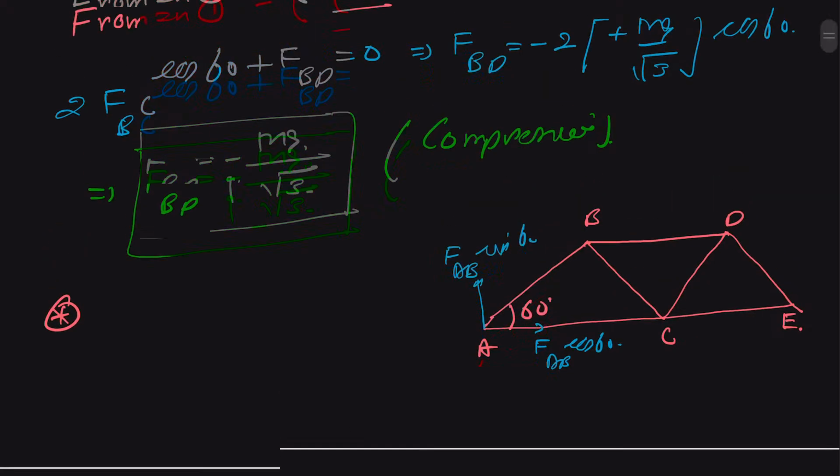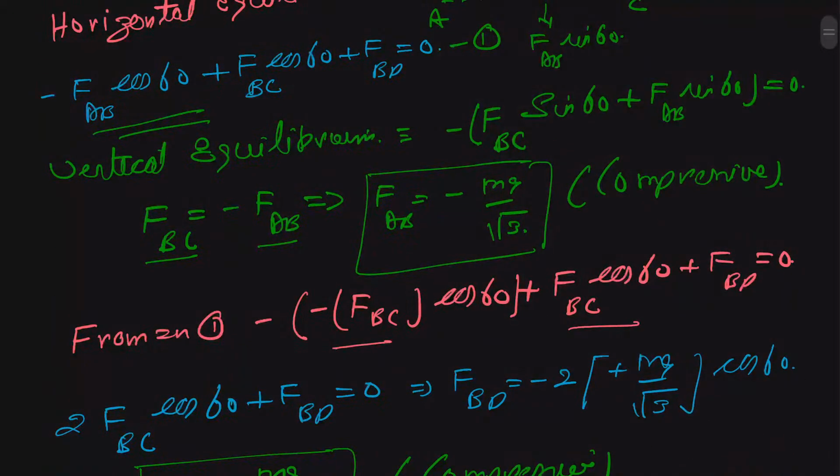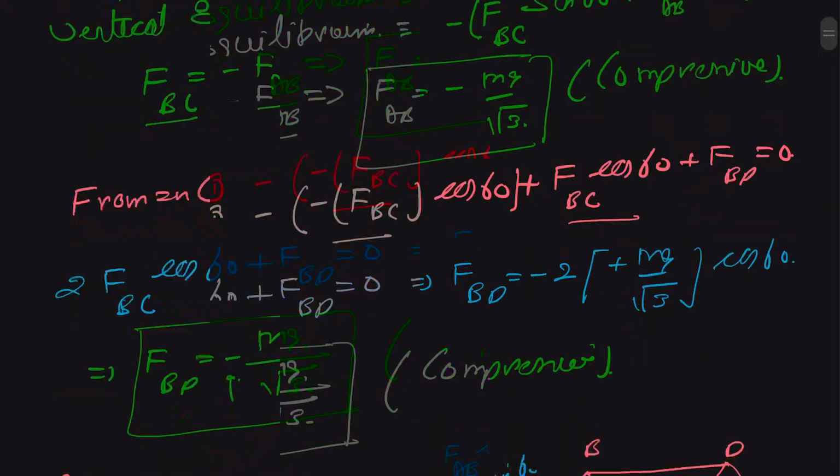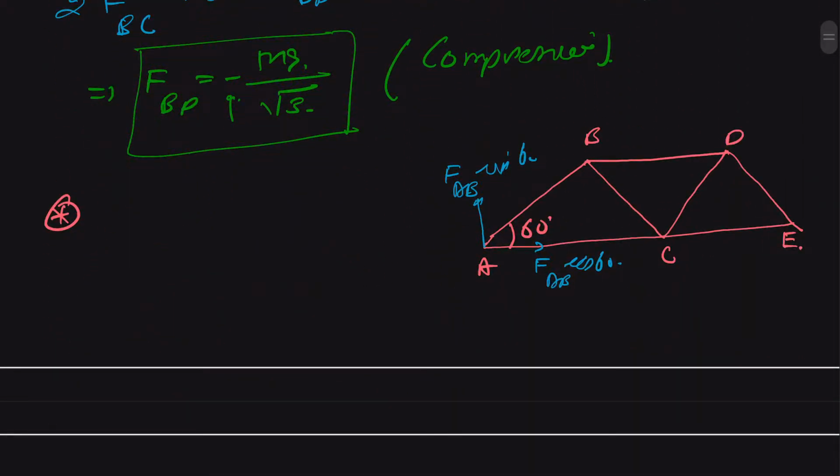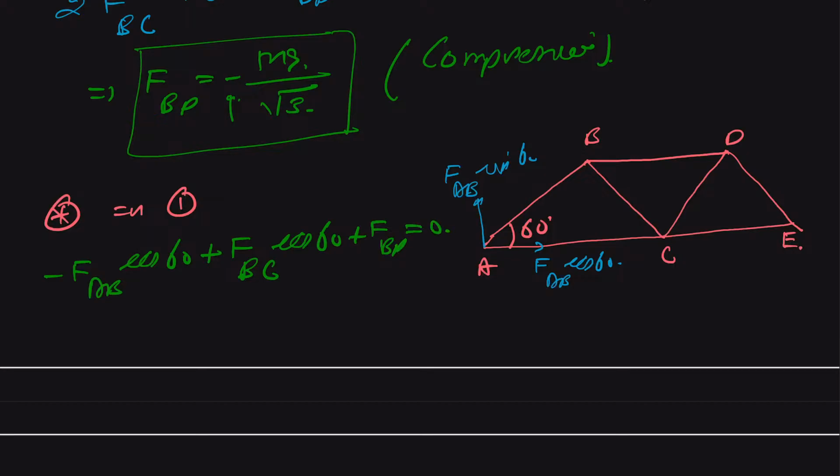And for point B we already have the equation, which is our equation number 1. So let me write it once again. So from equation 1 we have minus of FAB cos of 60 plus FBC cos of 60 plus FBD is equal to 0. So this equation is already known to us.